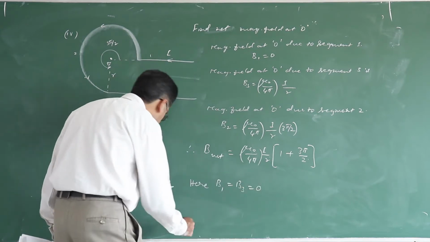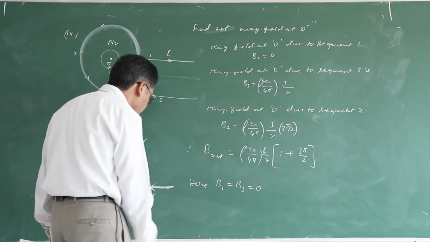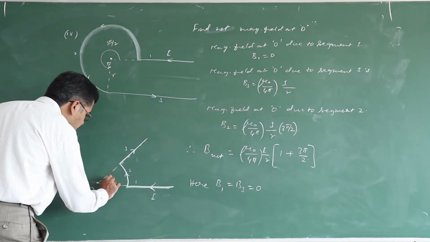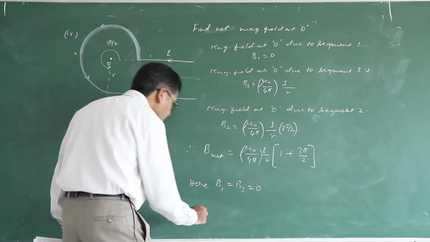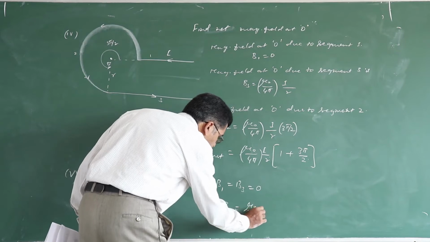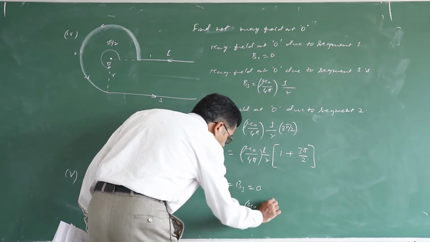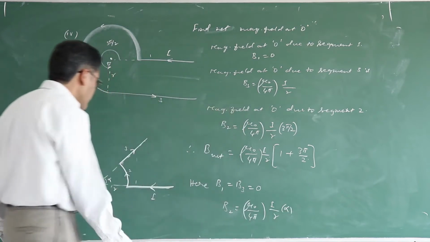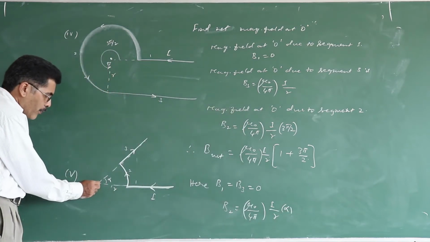What is B2? If you take this angle as alpha, B2 is equal to mu naught by 4 pi I by R into alpha. This is the net magnetic field at O.